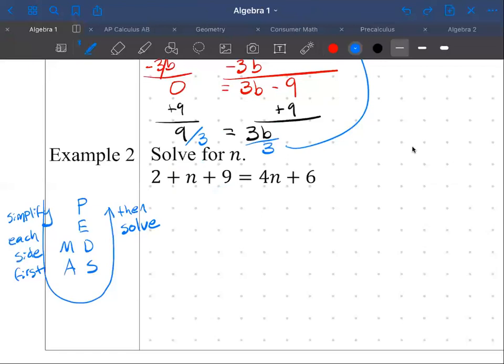Ripley? 11 plus n. Yeah, exactly. 11 plus n.